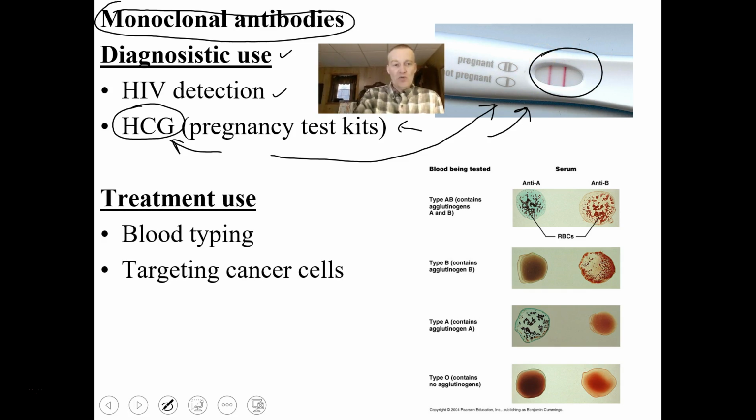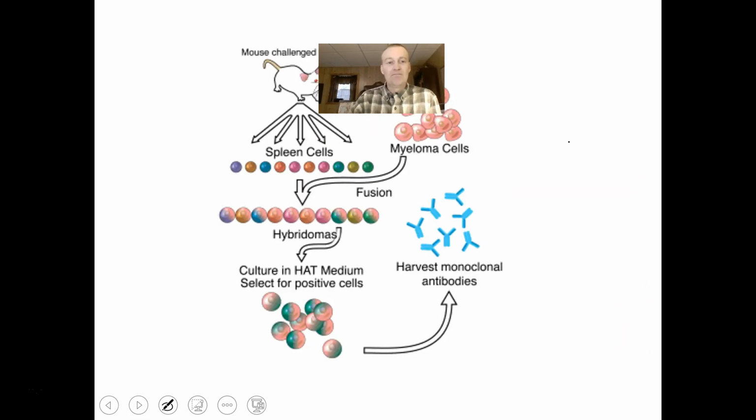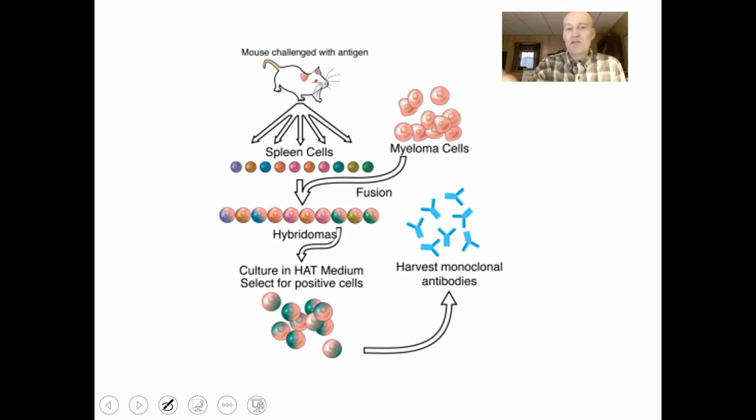We also use monoclonal antibodies for blood typing. You did it in lab when we tested for our different blood types, with anti-A, anti-B, and anti-Rh antibodies. And then we can use antibodies to target cancer cells. This is how we make those monoclonal antibodies.